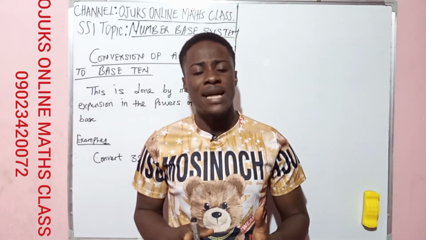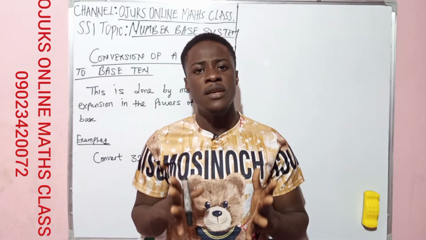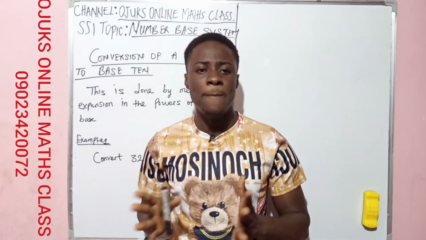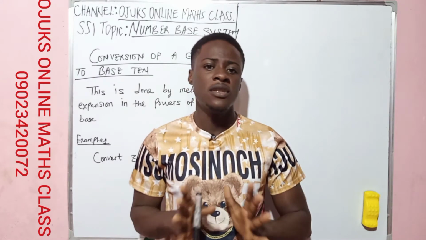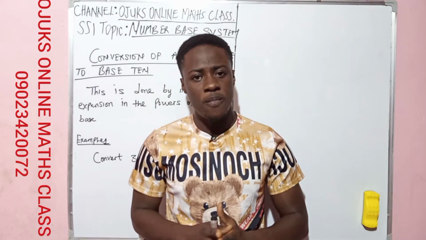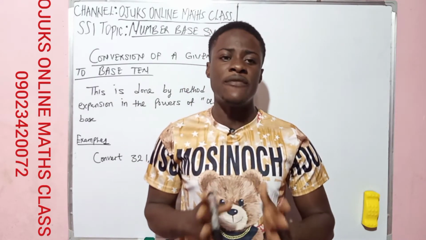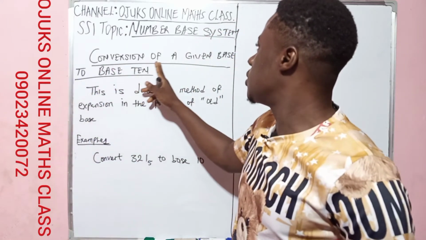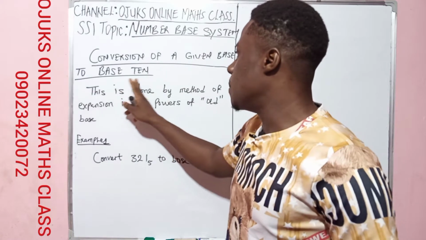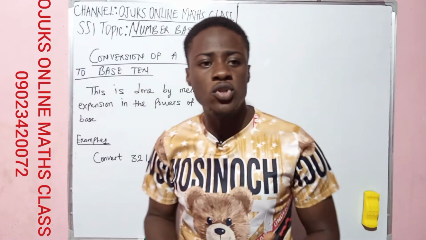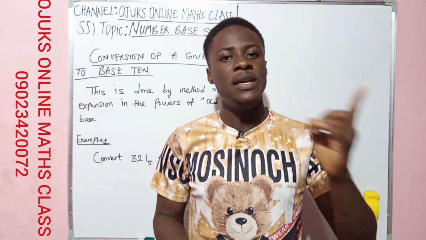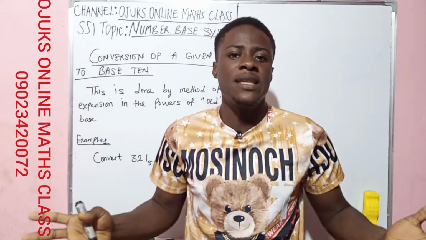We also looked at how to convert a number that is in base 10 to every other base, which involves just repeated division. So today we'll be looking at another phase of number base, which is conversion of a given base to base 10. We want to look at how to convert a number that is in another base to base 10. It is very simple.